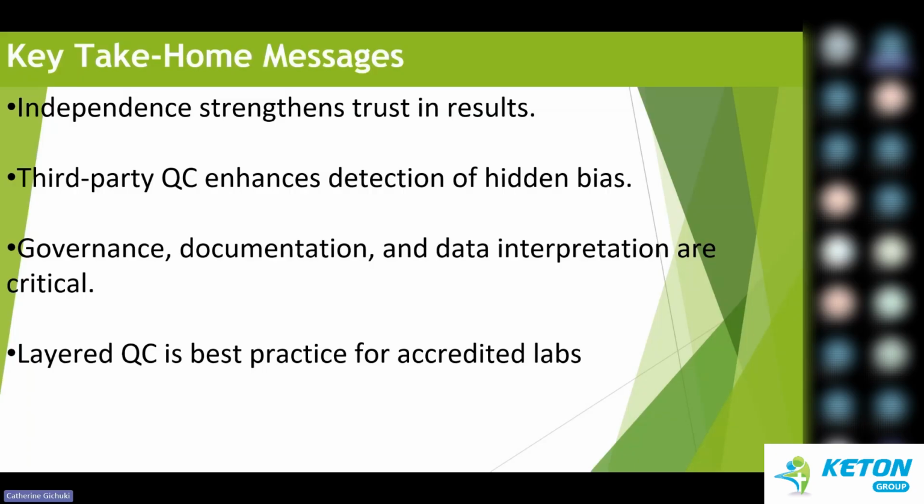Governance, documentation, and data interpretation are very critical. QC is effective only if you document it properly. If you document properly, then you're reviewing properly, correcting the interpretations, and making decisions at the right time.